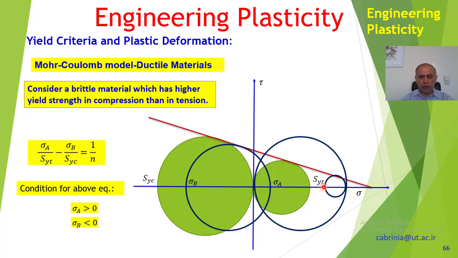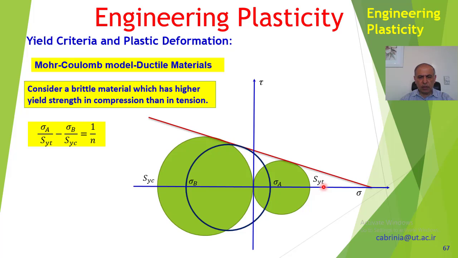Okay, now let us also consider some other cases, like this. Supposing we have a loading condition like that. So here sigma A is positive and sigma B positive. Does it hold for this criterion, or doesn't it? I mean, does it yield or not?